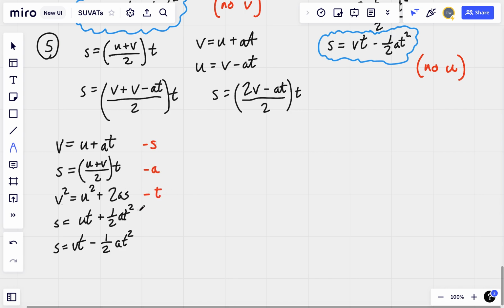Now, it's always pained me that it doesn't spell something really nice down this side. SUVAT, Satvu, doesn't really, it's not the most kind of memorable word, is it? Anyway, what I'm going to do is I'm going to give you a couple of examples of how to use these and the best way of sort of modelling these.